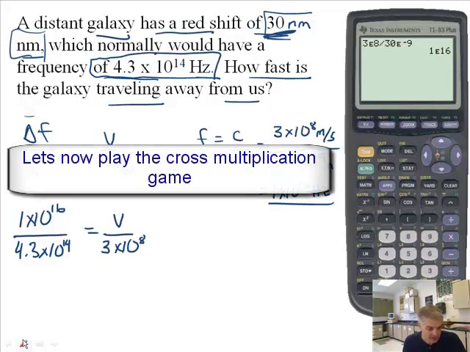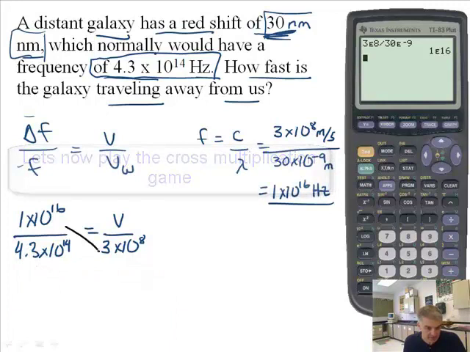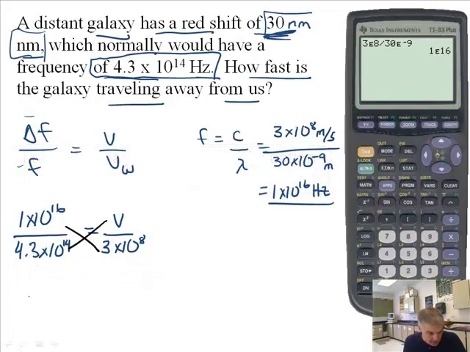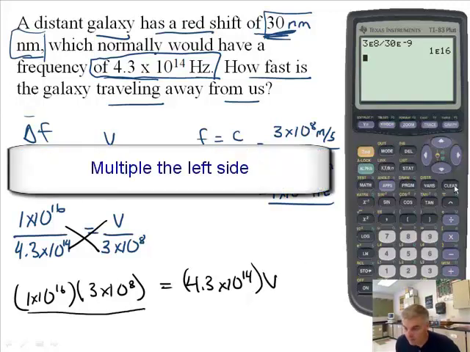Now, again, we're going to cross multiply, right? So if I cross multiply, I'm going to say 1 times 10 to the 16th, times 3 times 10 to the 8th, is equal to 4.3 times 10 to the 14th times V. All right, so what does this multiply out to? So I'm going to get my calculator going here.